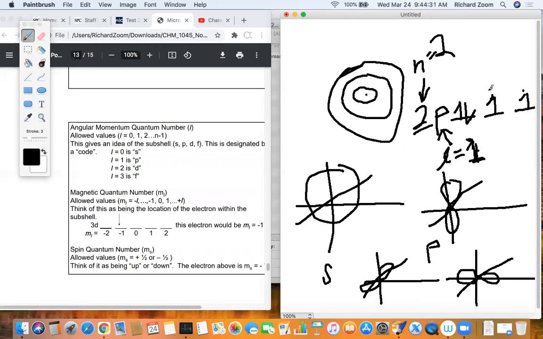So let's say we're focusing on this specific electron here, but I'm circling here, or trying to circle. So that's where the electron is.